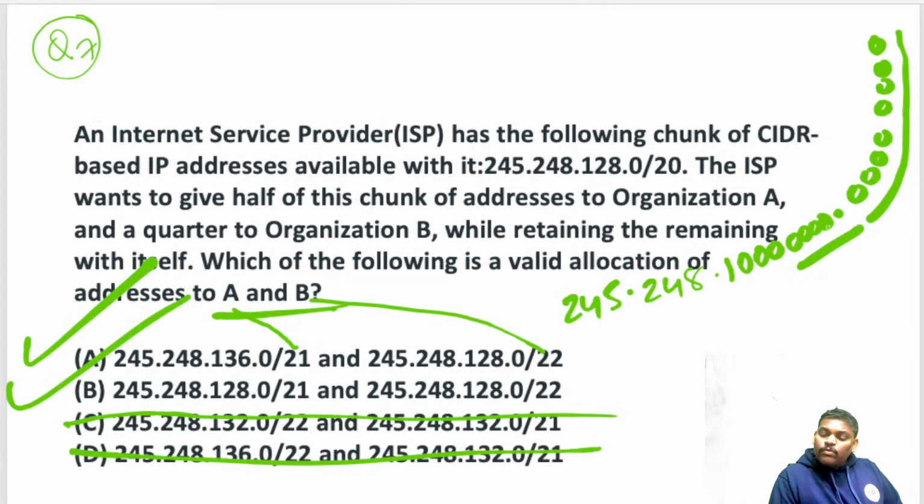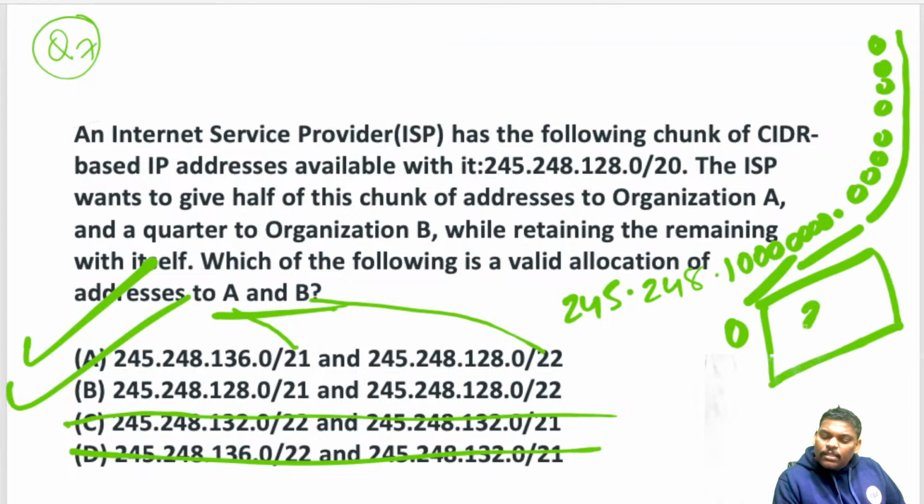Out of these 12, everyone listen. If the 12th bit is 0, the remaining 11 bits are there, so 2 power 11.